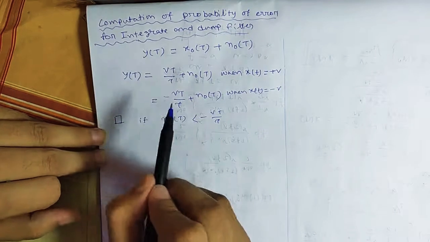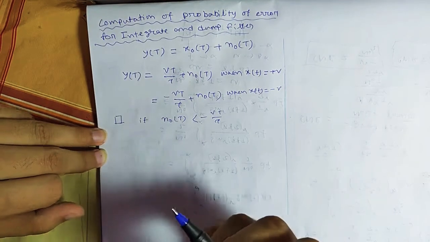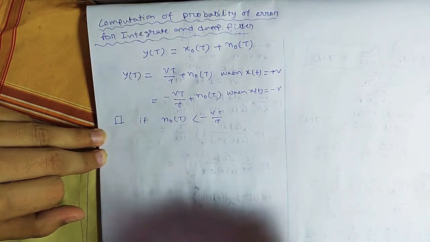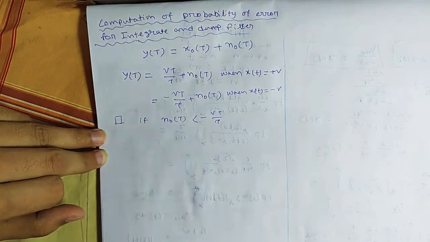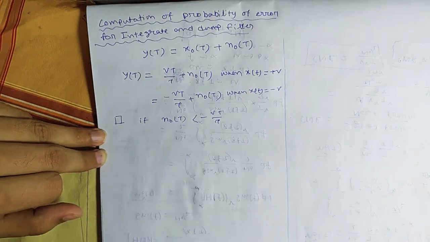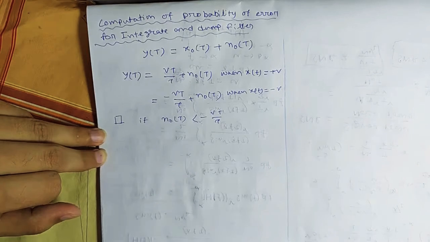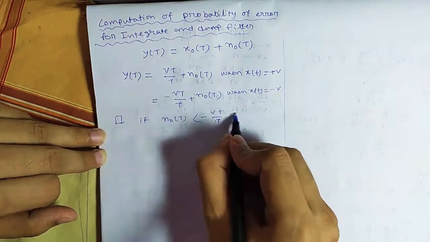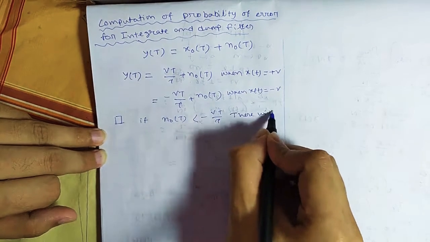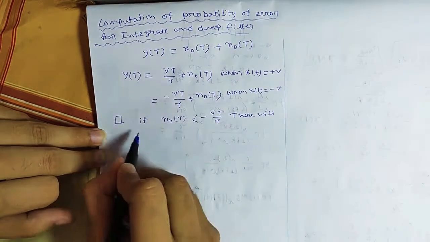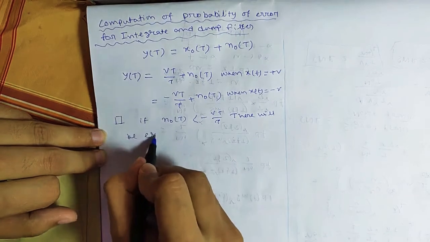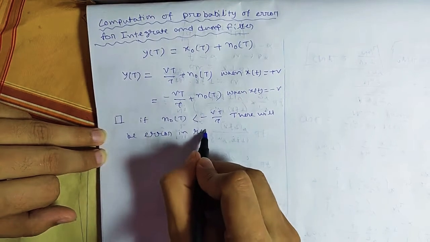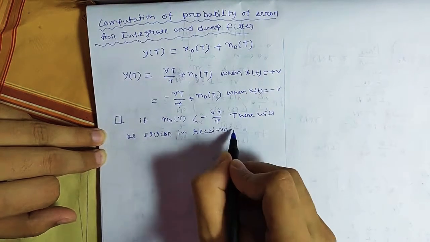In that case, the receiver will decide in favor of the negative pulse. So the receiver assumes that the transmitted pulse was the negative pulse, so there will be an incorrect decision. In this case, there will be error in the receiver decision.